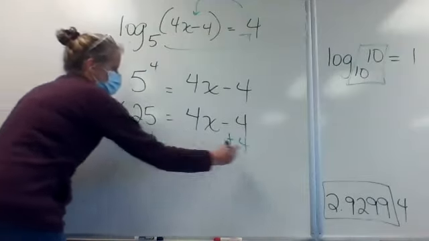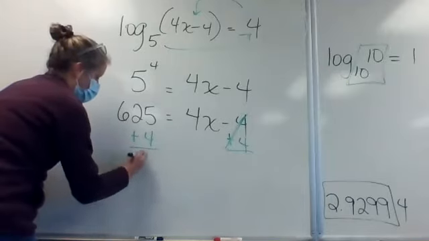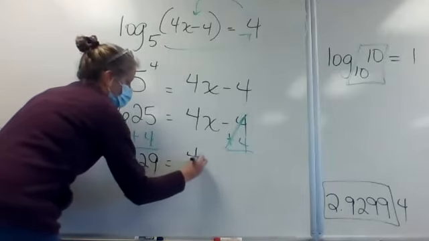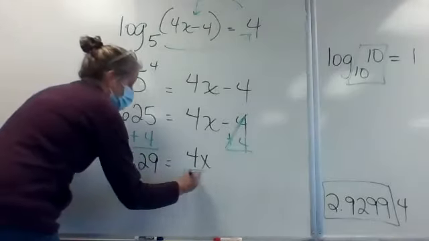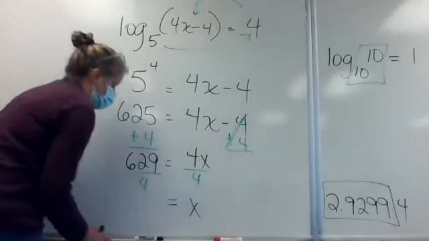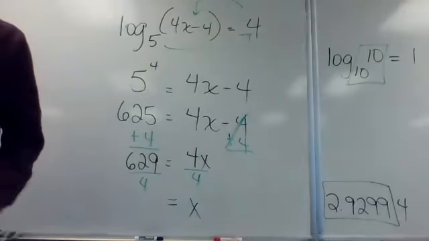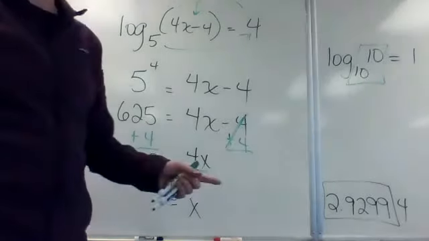So add the 4 to both sides. So now you've got 629 equals 4x, and divide by 4. So x equals, then you can just type that in your calculator. It may actually even take that in fraction form. I can't remember if it does.